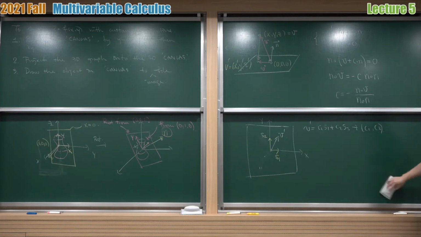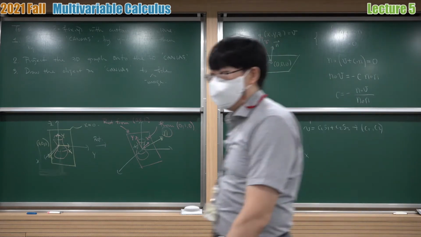The angle is not given. This is a very good observation, because how would you find the angle between two vectors? Of course, we cannot measure this because we are starting with a random vector v prime. Do you have any answer from Zoom?